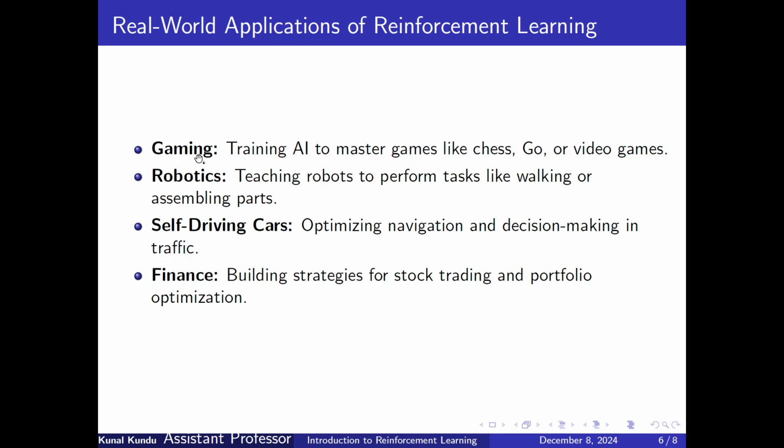It is used to train AI agents that can master games like chess, Go, or complex video games. Next one is robotics. Robots can learn to walk, pick up objects, or even perform surgeries using reinforcement learning.